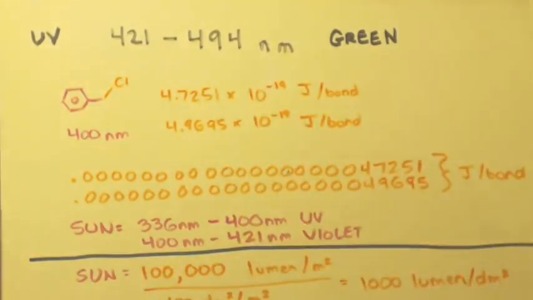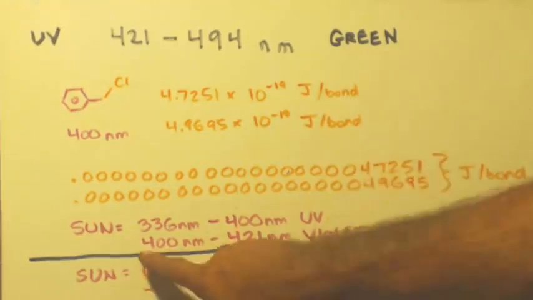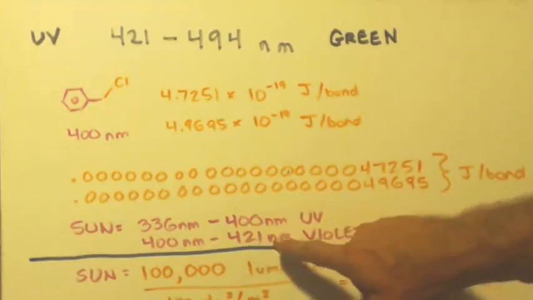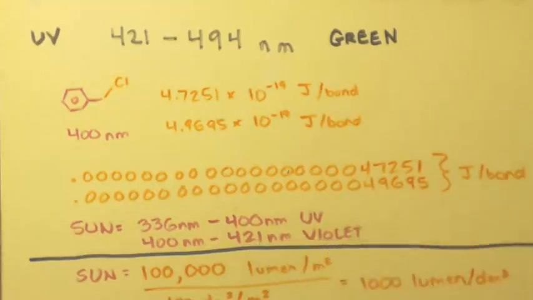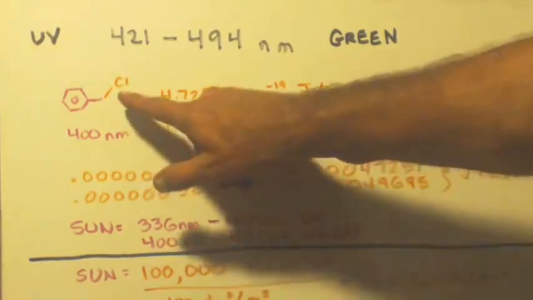But it has to find that bond. It has to hit it at the right angle, everything has to be perfectly lined up, and so on. So keep that in mind too. The sun will work. It's no problem. And also keep in mind that 400 to 421 nanometers, which is mostly violet light, if not all violet light, will also break these bonds, right?